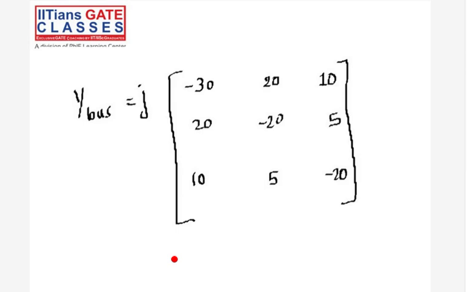Note down this Ybus. Now can you draw the equivalent network for this? I hope you guys have noted it down. I want you to let me know when you are done.